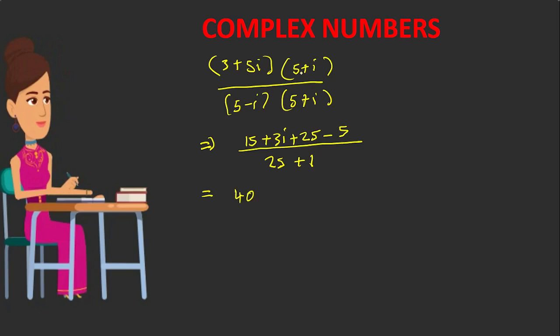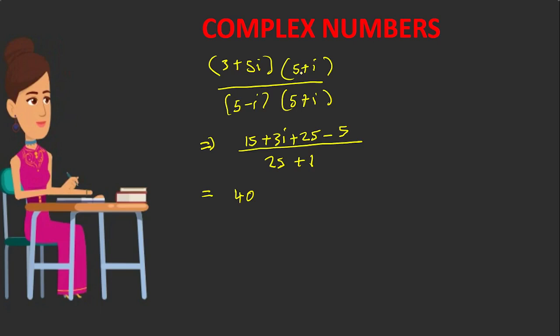Do we have another i? There we have 25i. I think I did not include something there. Let me just redo it. I think I did not write the i. 5i times i is supposed to be 5i squared. That's where I want to redo, because I wrote it wrongly.